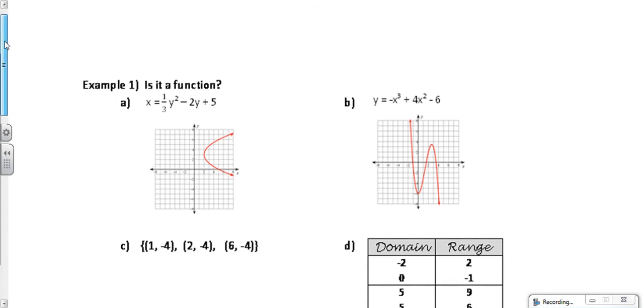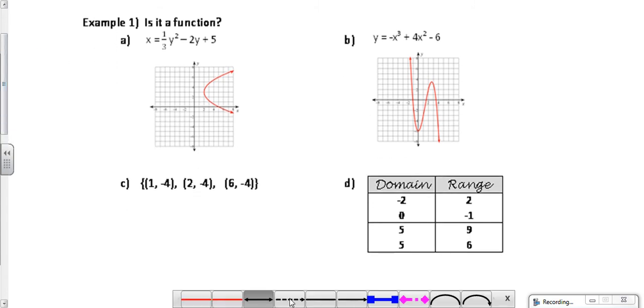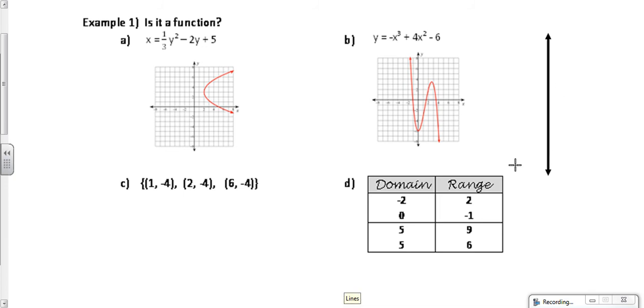So is something a function or not? Well, here is where we work with the vertical line test. So I have this vertical line, and I know that something is a function if there's no part of the graph hitting my vertical line in more than one place at one time. So I have a red graph, a sideways parabola that represents the function x equals 1/3 y squared minus 2y plus 5.